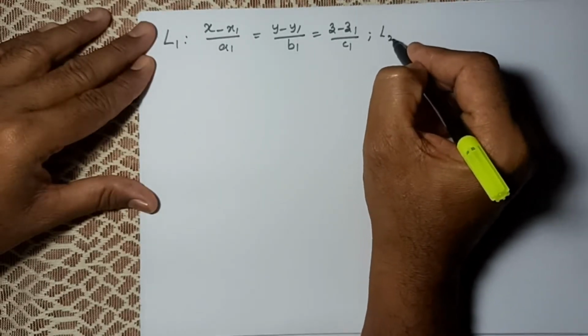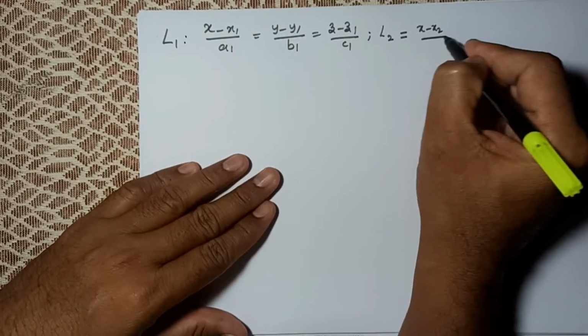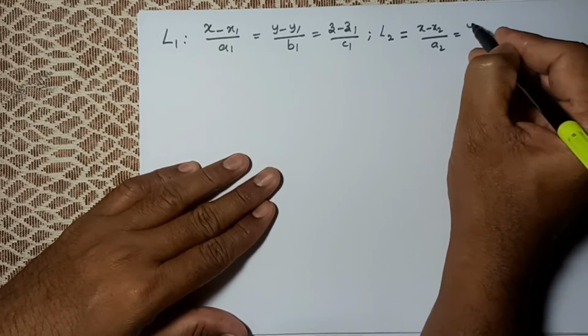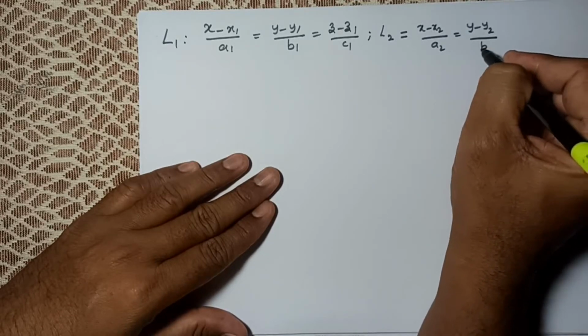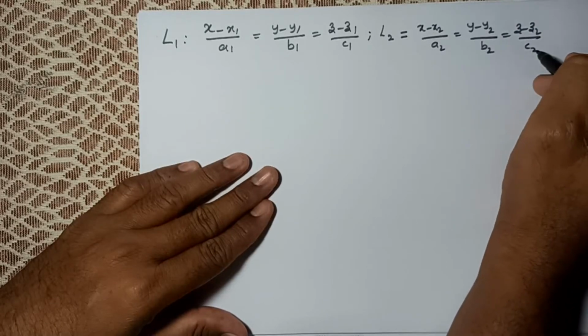Like this L2 is equal to x minus x2 by a2 is equal to y minus y2 by b2 is equal to z minus z2 by c2.